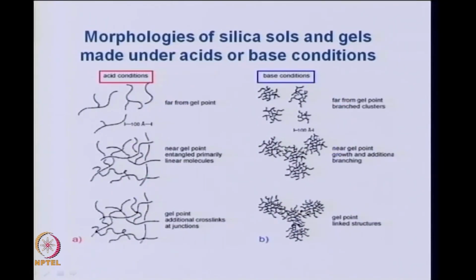However, when they get interconnected, especially at the gel point, these small clusters are all networked together. So, these are different types of morphologies or structures which you can observe at acidic and basic conditions.